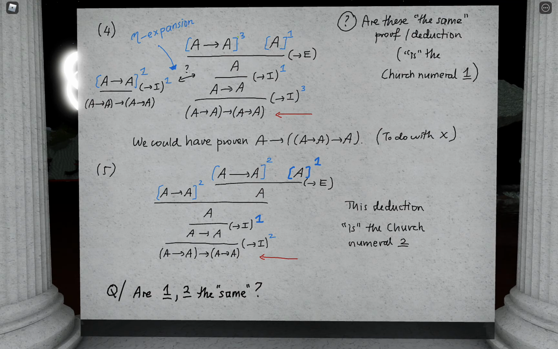But nobody stops me from asking this question, right? Should I think of these two deductions as the same? And that's a kind of similar question to this one. I've kind of biased you to answering no by giving them the names 1 and 2, right? So that it would seem kind of peculiar to insist they were the same. They're not literally the same.